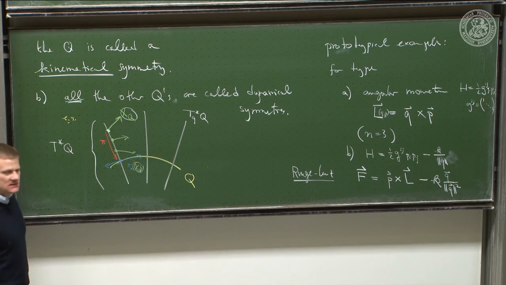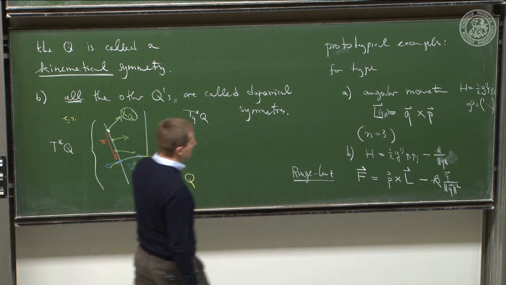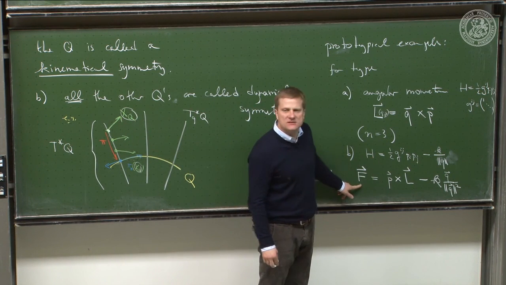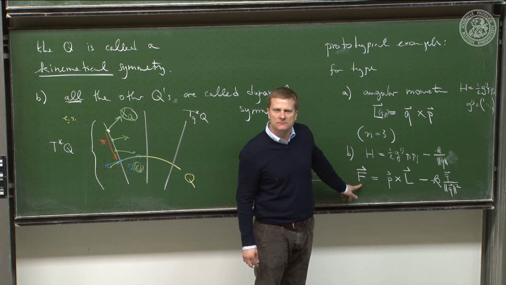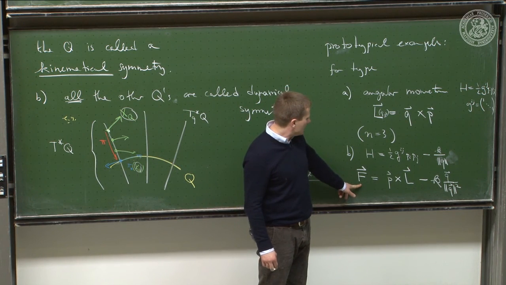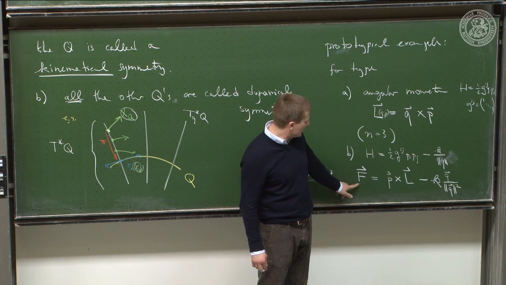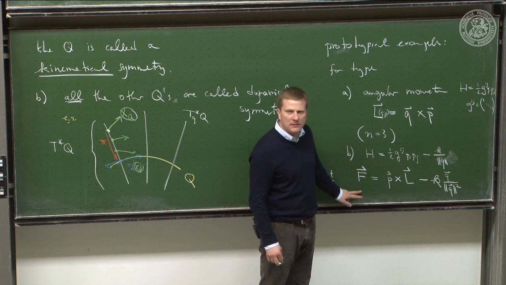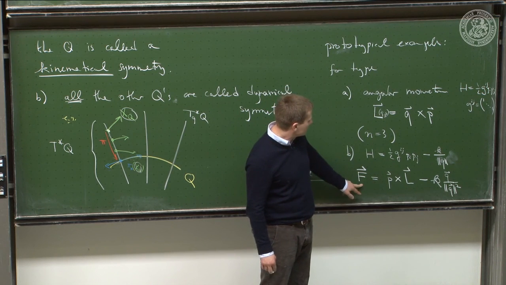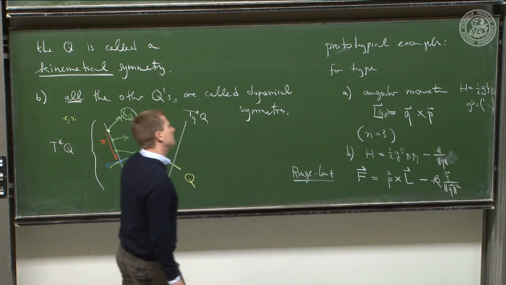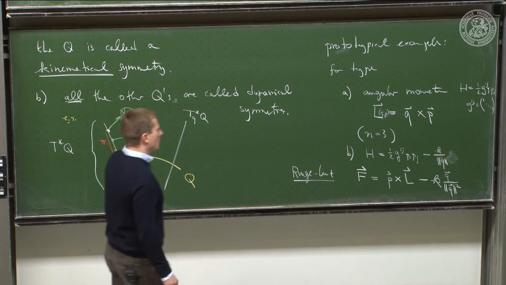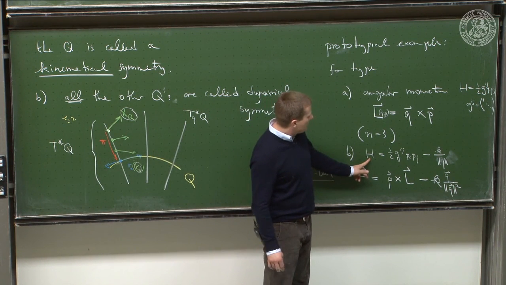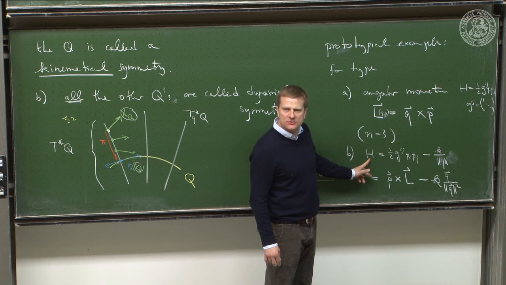This is the Runge-Lenz vector. One can check that for this Hamiltonian, each of these components is conserved. And that's an additional SO3 symmetry, at least for bound states, of this theory, but it's not a kinematical symmetry.